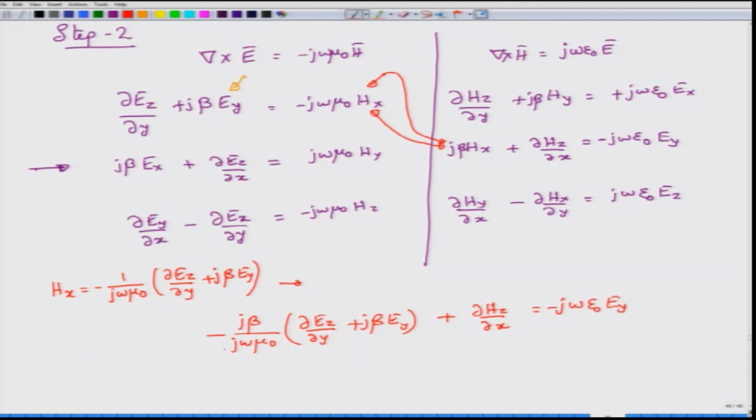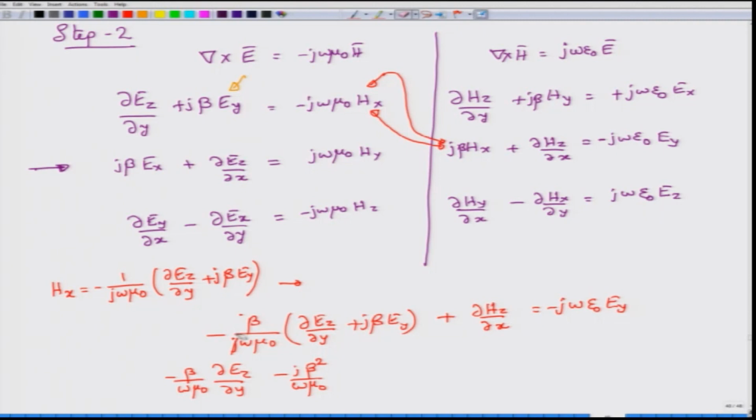If you wish, you can cancel this j from denominator and numerator, and then multiply this term individually with each term in the bracket. So, you get minus beta divided by omega mu naught del E z by del y, and then minus j beta divided by omega mu naught, sorry, that would be beta square, because there is already a beta here, then there is one more beta.